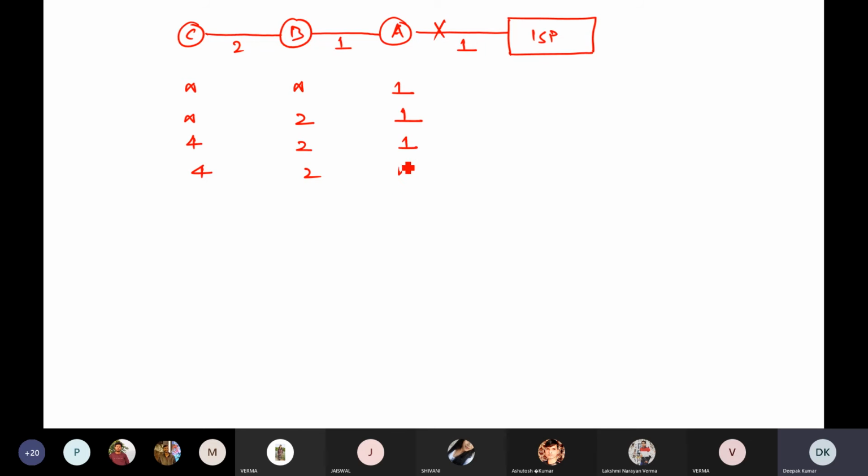Now A knows that I can't go to ISP, but B will say that no problem, I can give you the path to reach ISP with the cost of 2. And A knows that I can reach B with the cost of 1. So it will update as 3.